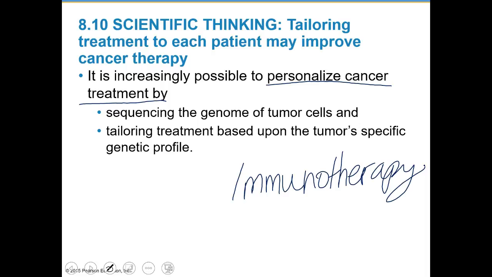It's just that sometimes cancer can go unchecked and out of control, and it develops at a faster rate than the body can handle. But there are some immunotherapies that boost the immune system to be able to find these cells and take them out. We can also have personalized ones that look at sequencing the genome of tumor cells and tailoring treatment based on a person's specific genetic profile.